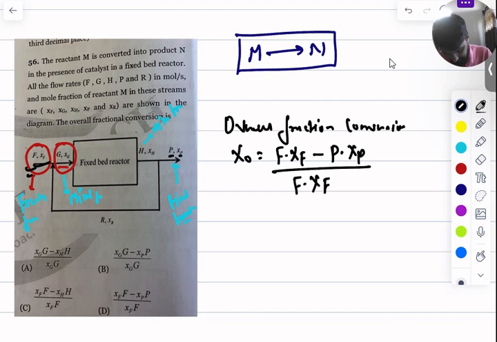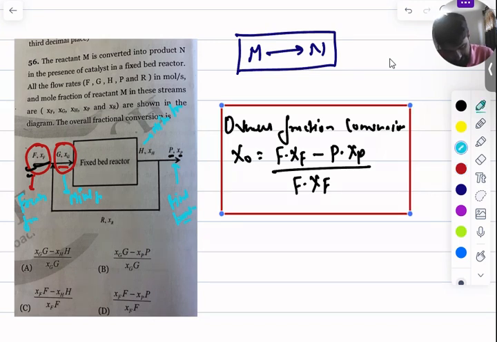Is that clear? This is your single pass conversion, sorry, overall conversion.